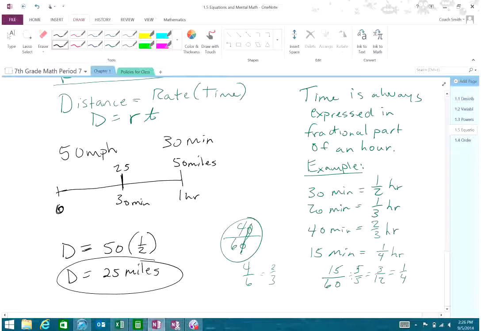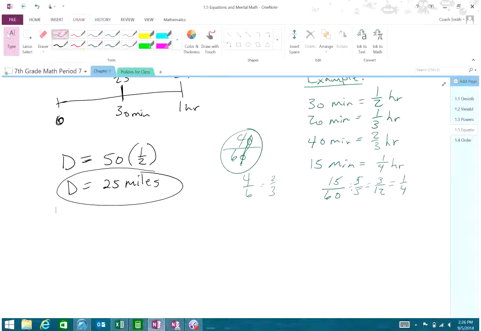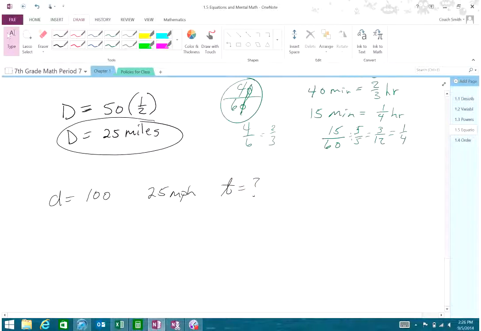Now, a lot of them are going to be fairly simplistic. Okay? But let's remember back to our formulas. If you're trying to find time, for example, they give us this one. Distance equals 100. The rate is 25 miles per hour, and they want to know time. Okay? So that means I have 100.